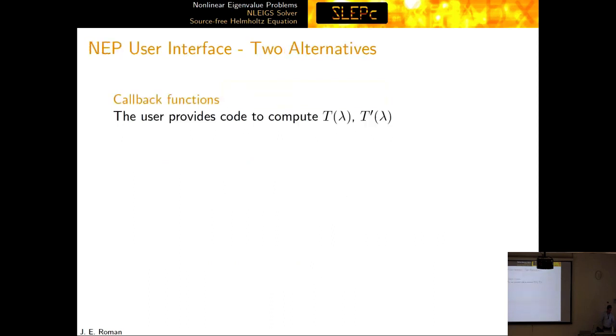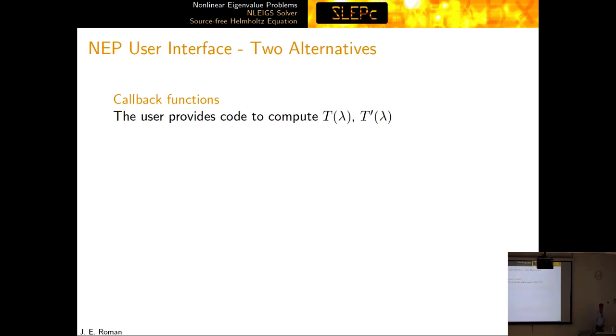Since T of lambda is not a matrix but a function, how do we define this in a SLEPc program? We have two alternatives. One alternative is to use callback functions. This is similar to SNES, where the user provides a subroutine to compute, in this case, T of lambda and T prime of lambda. Instead of the residual, we compute a matrix that represents T for a given lambda, and in some cases we also need to compute the derivative with respect to lambda.